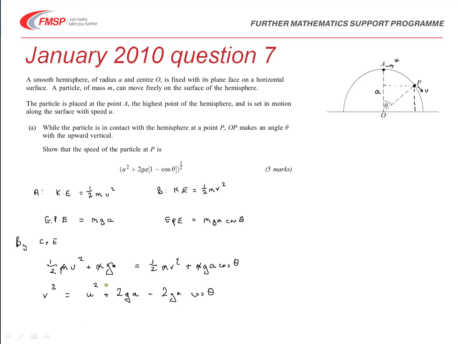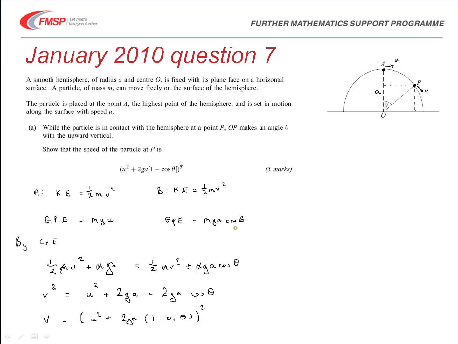And so you can see the 2ga is a common factor in those two terms on the right hand side, and to square root it then will give us v, so v becomes the square root of u squared plus 2ga(1 minus cos theta). In other words, the required result.